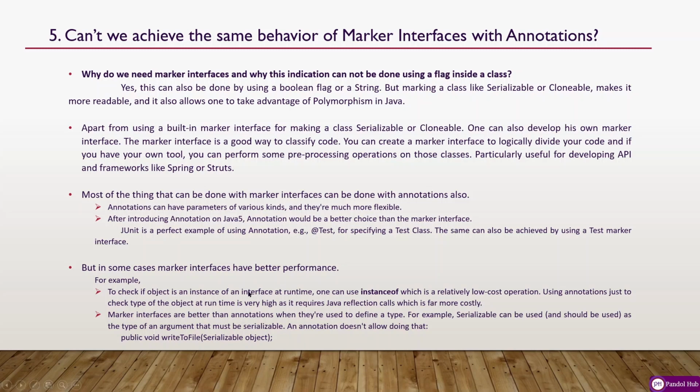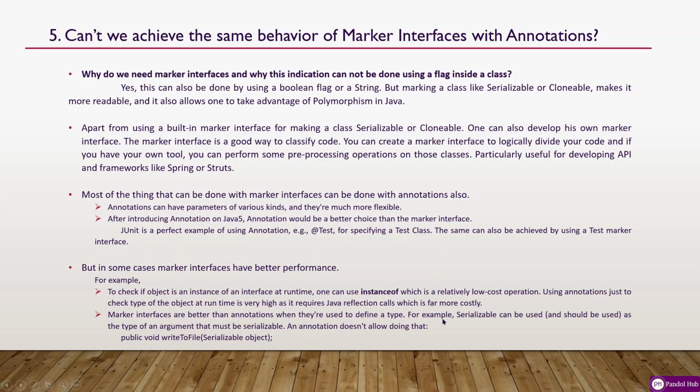For example, to check if an object is an instance of an interface at runtime, one can use instanceof, which is a relatively low cost operation. Using annotations just to check the type of the object at runtime is very high cost as it requires Java reflection calls, which is far more costly. The second case is that marker interfaces are better than annotations when they are used to define a type.